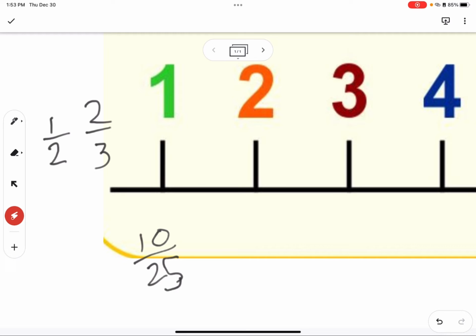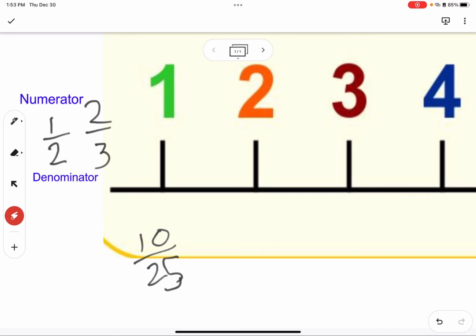That's right, 25. Now, that would be really hard for me to cut, so I'm not going to draw a picture of that. But just know that if this is my fraction, this one whole is divided into 25 parts, okay? So let's go back to this fraction.